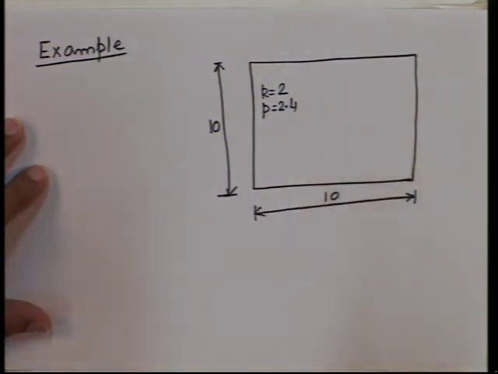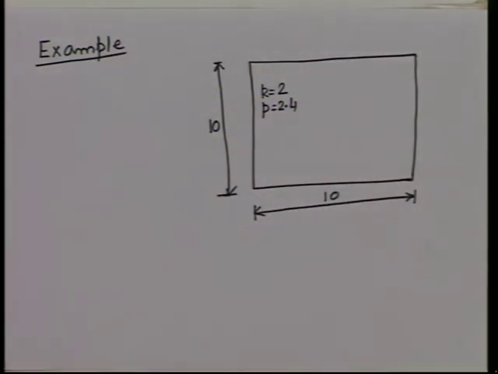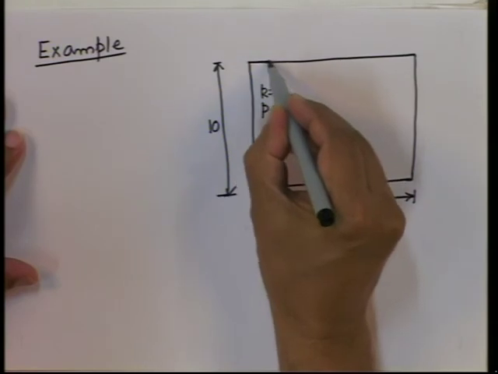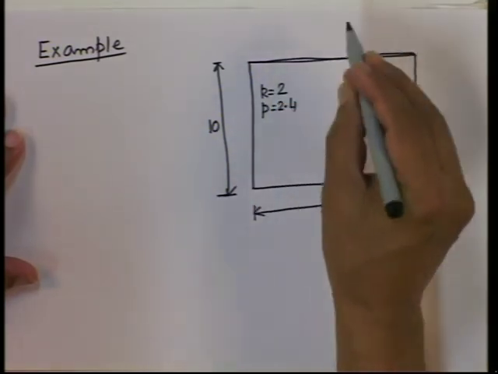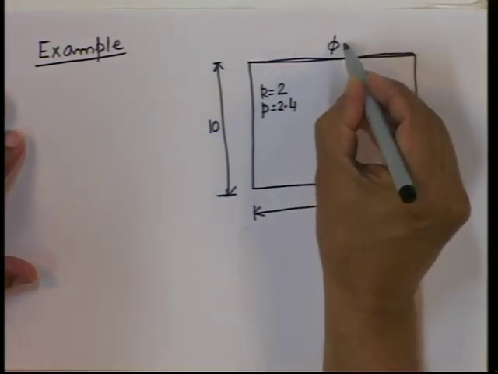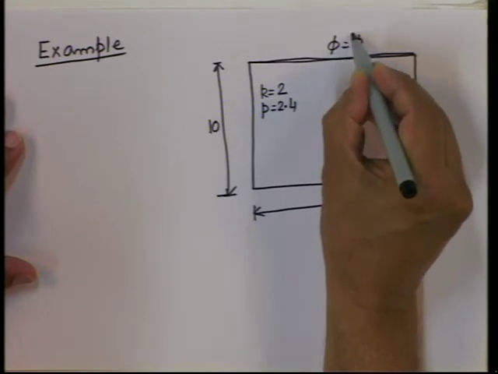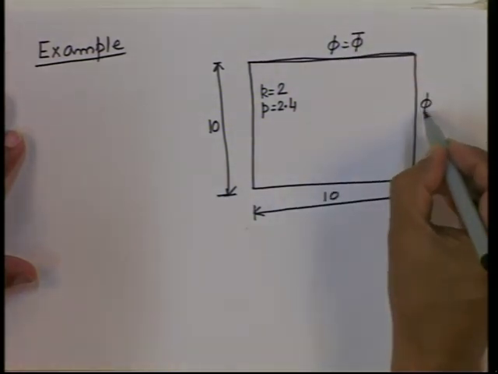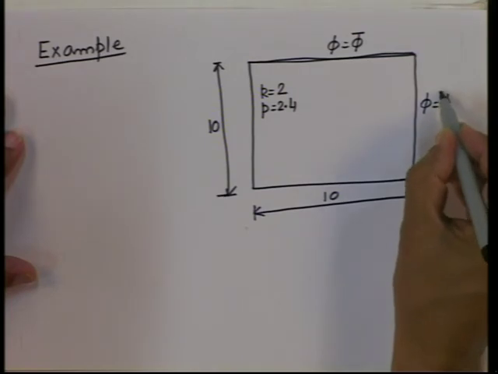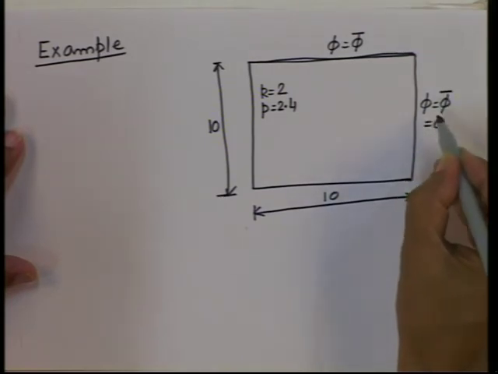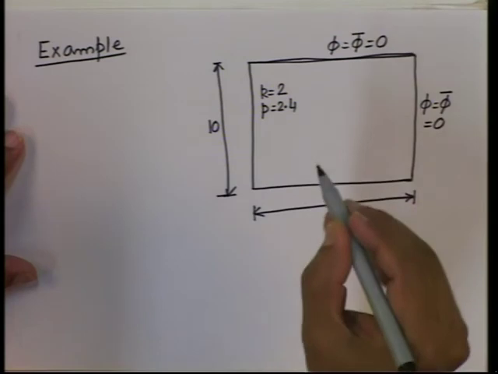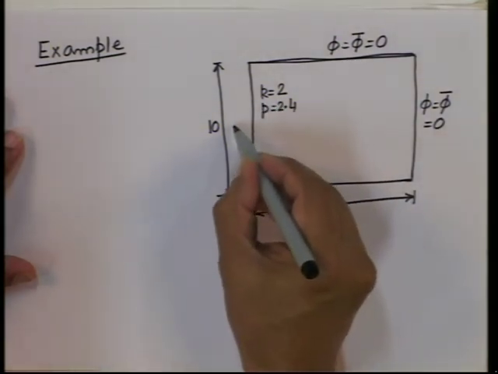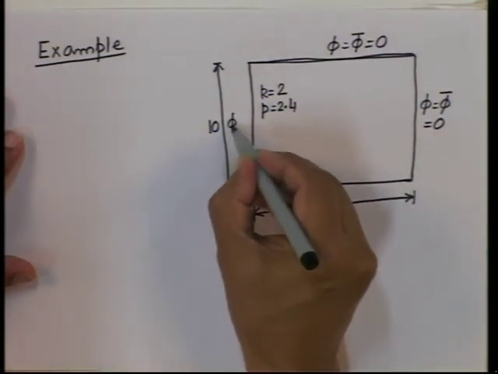This is given to us. Conductivity equal to 2, P is the loading on the plate, and the boundary condition is of Dirichlet type, phi equal to phi bar everywhere, and phi bar is equal to 0 on all edges.